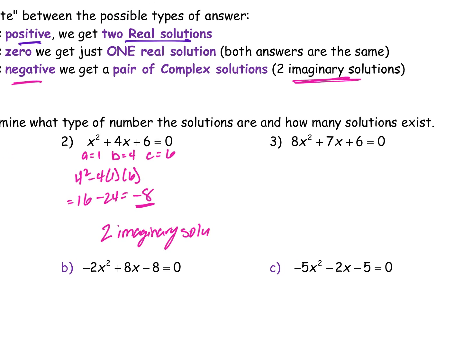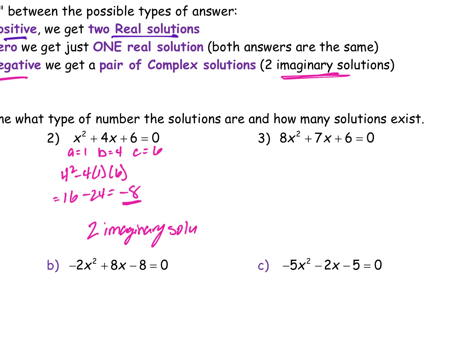And then if we go to number 3, A equals 8, B equals 7, C equals 6. Oof, okay. So 7 squared minus 4 times 8 times 6, 49 minus, get out my calculator, sorry. 4 times 8 times 7 is 224.